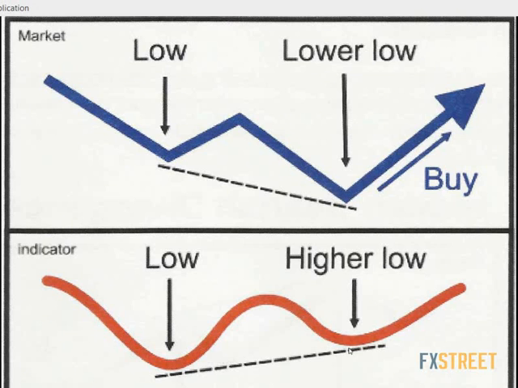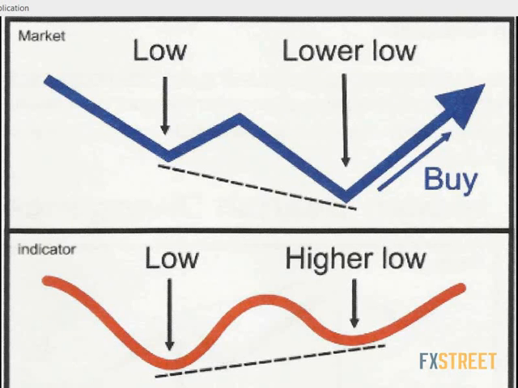Now, an important notice: I personally do not recommend trading divergence on a lower time frame than 1 hour. Below 1 hour, I don't recommend trading divergence because divergence is most reliable on higher time frames.